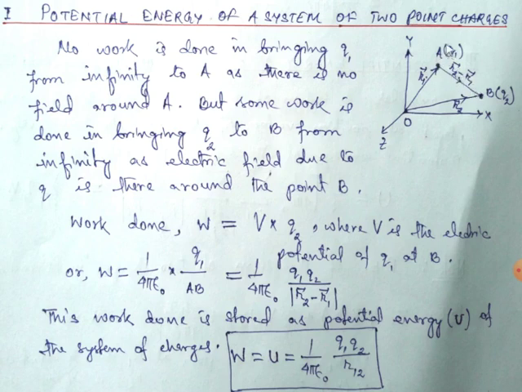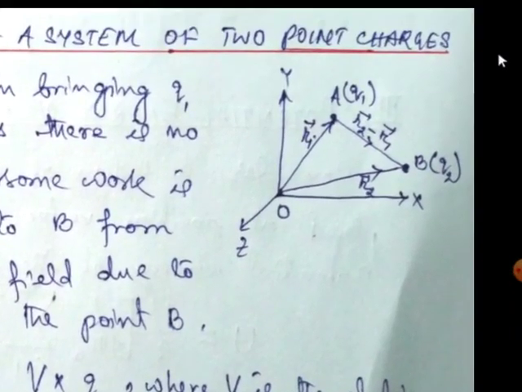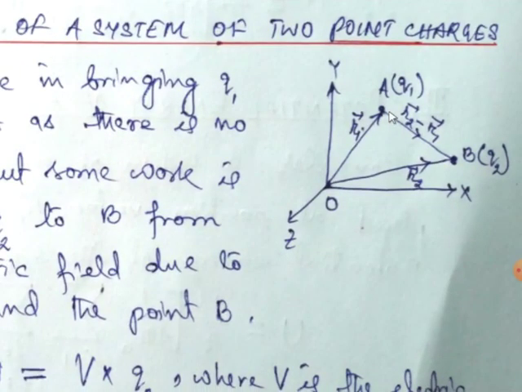Now let's bring Q1 and Q2 one by one to their locations. When Q1 and Q2 were at infinity, let's bring only Q1 from infinity up to this position A, whose position vector is denoted by R1. When Q1 is brought from infinity to position A, there is no work done.